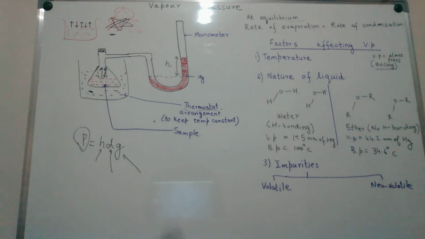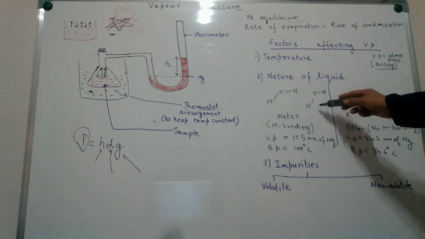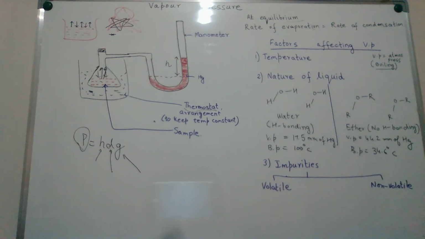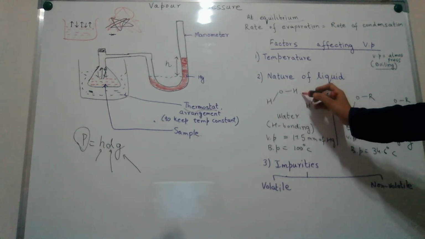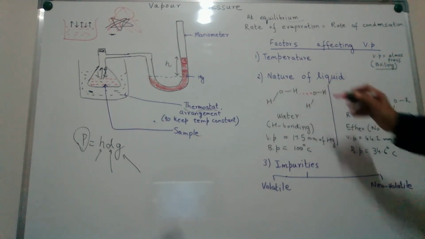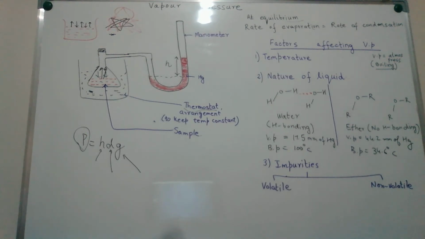Second factor which affects vapor pressure: the nature of the liquid. I've taken very simple examples over here. We've got water and we've got ether. You know very well that in the case of water, the molecules are linked to each other by an interesting type of bond, what we call hydrogen bond.